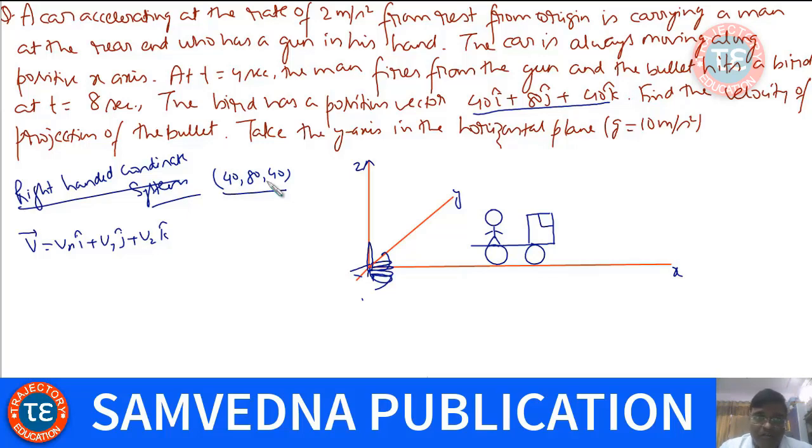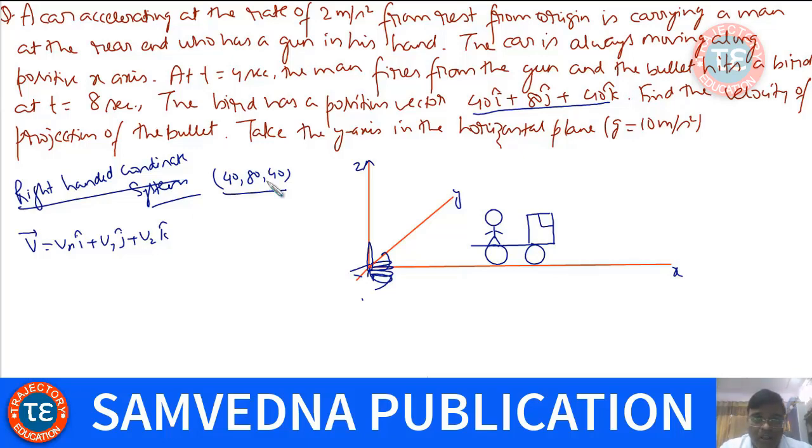Okay, so at 4 seconds the man fires a bullet. The man is holding the gun, and the man is on the vehicle, on the car, so the man is going to inherit all the velocity of the car.